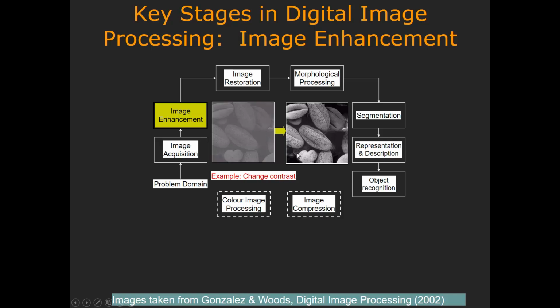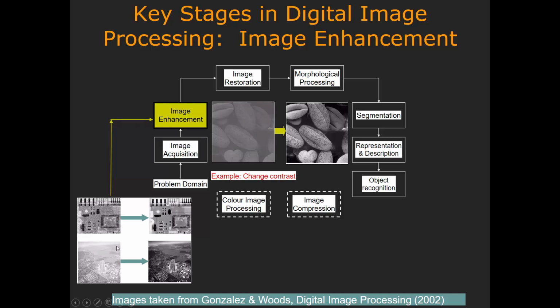You can clearly see this image quality is better than the original image. The method is quite useful for enhancing an X-ray image, but may not be the best approach for enhancing satellite images. Thus, there is no general theory of image enhancement. So the viewer is the ultimate judge who decides whether the processed image is better than the original image.